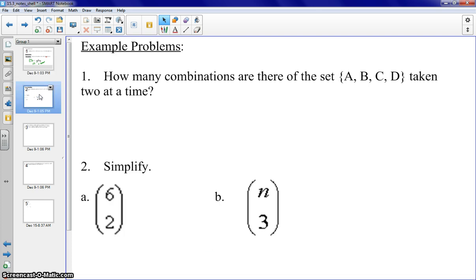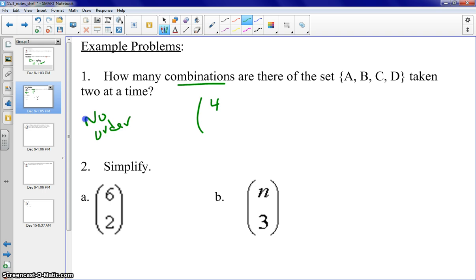So let's look at our first example. Number one, how many combinations are there of the set A, B, C, D taken two at a time? Just like with permutations, but here there's no order, we're referring to combinations. So we would do 4 choose 2, or 4C2, which is 4 factorial over 2 factorial times the quantity 4 minus 2 factorial.